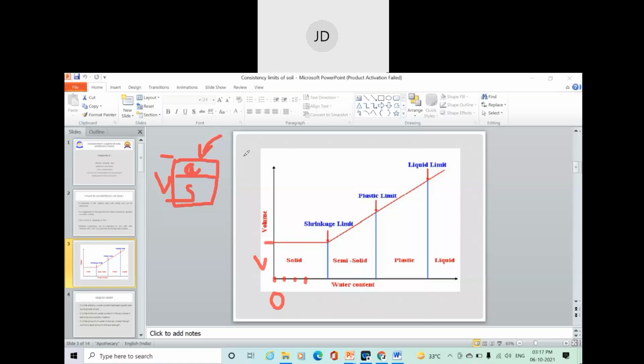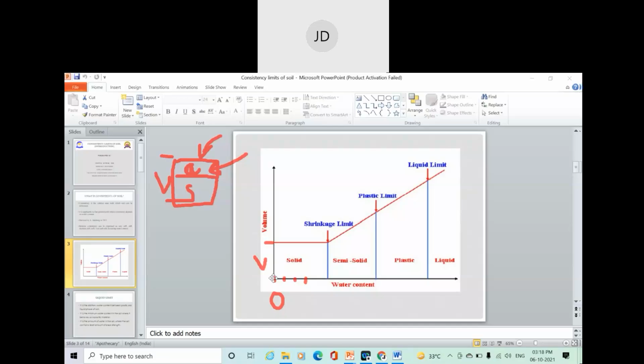Before any water enters, at 0 point when water content is 0, the soil is in dry state. It contains only two components, a two-phase system: soil solid and air in voids.